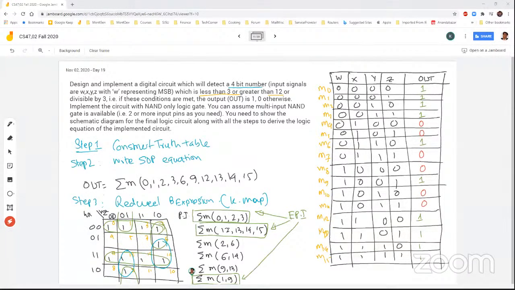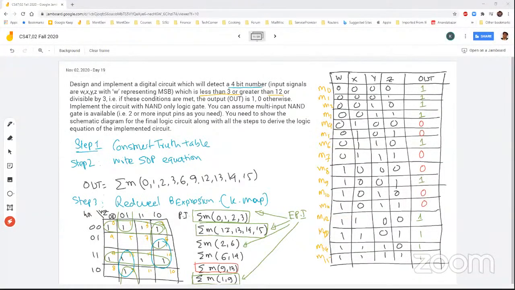Otherwise, if we choose this guy 9, 13, it will have one unnecessary overlap with the group 12, 13, 14, 15. We can avoid that overlapping and have 1, 9. And then among 2, 6, 6, 4, either way we choose it, we get one overlap. So let's say we choose 2, 6.